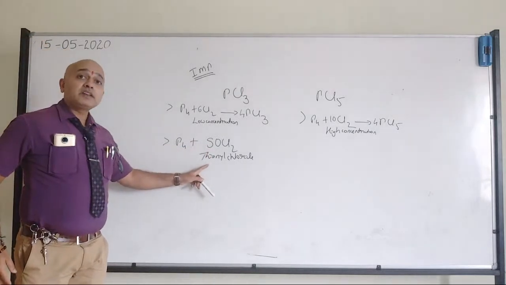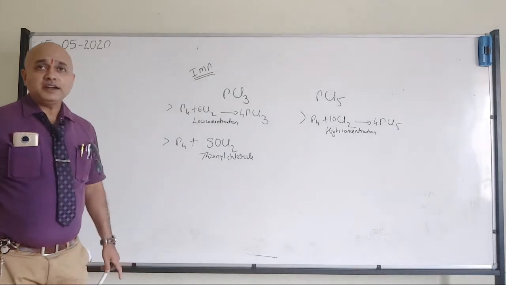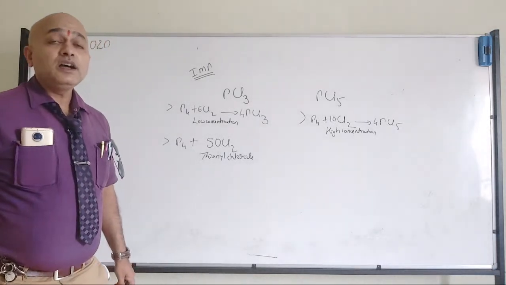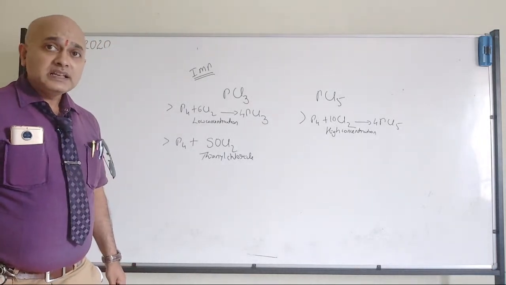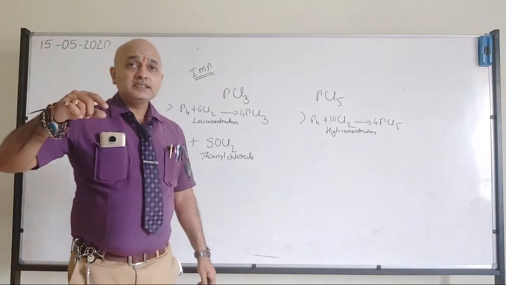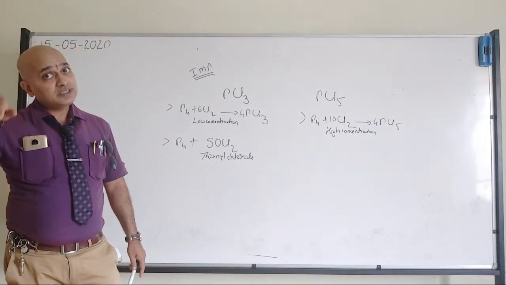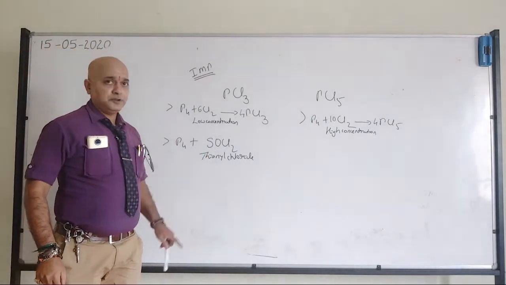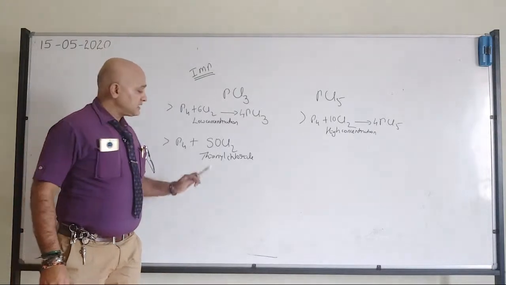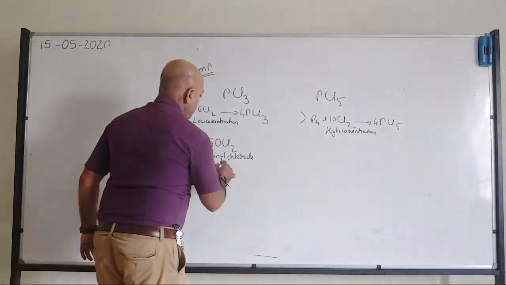Many people will write sulfonyl chloride. No, it's not sulfonyl chloride. It is thionyl chloride. Fine. Sulfonyl chloride means where any alkyl group is attached to SO2Cl. So here it is SOCl2 and nothing else is there. Therefore it is thionyl chloride. Fine.